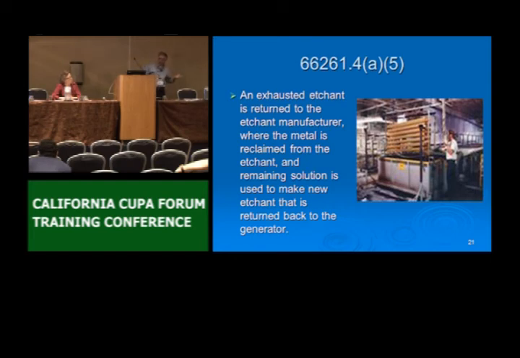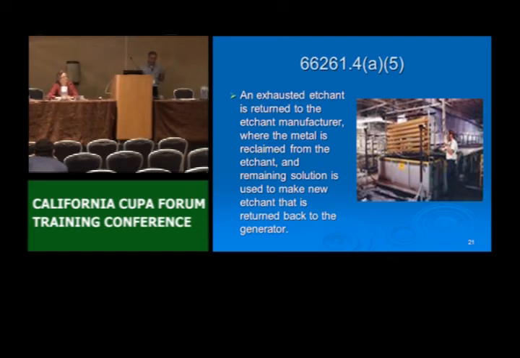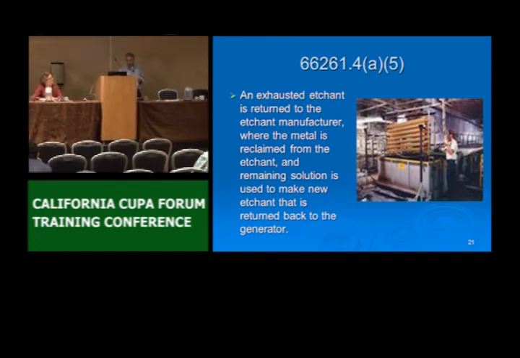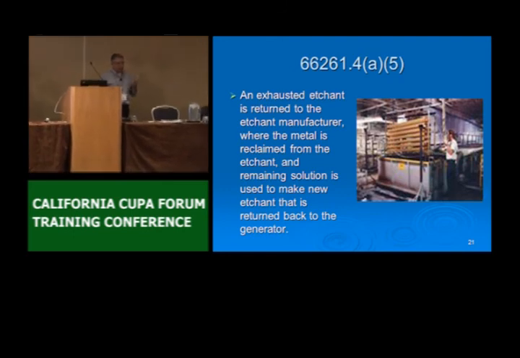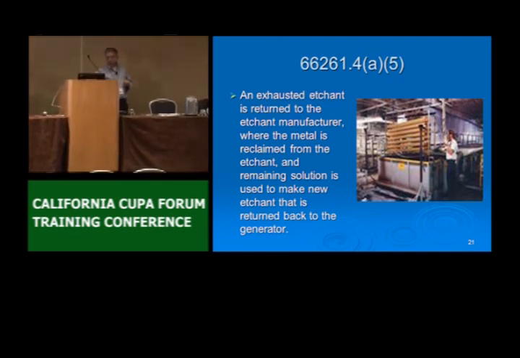The metal is being reclaimed. We don't know how, but it's being reclaimed. The remaining solution is then used to make a new etchant. That sounds like we're regenerating that same solution. It doesn't necessarily sound like we're using that material to go back into the same process for which it was produced. It sounds like we're regenerating the same material off-site.